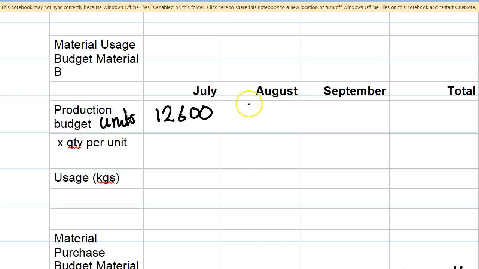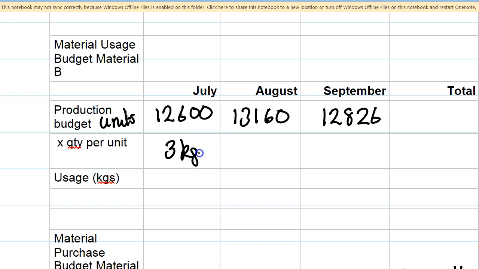In August, I had 13,160 units. And in September, 12,826 units. For material B, I've been told that I've got 3 kilograms in a unit.